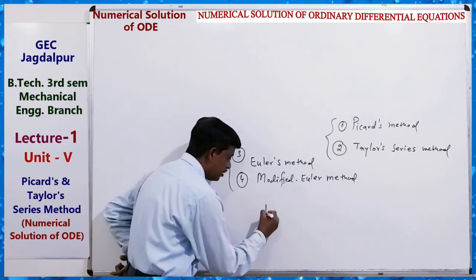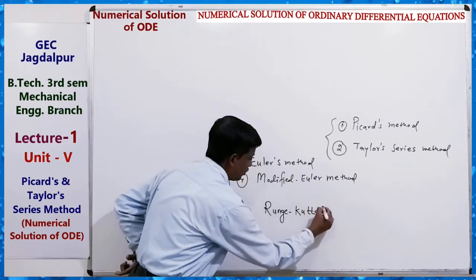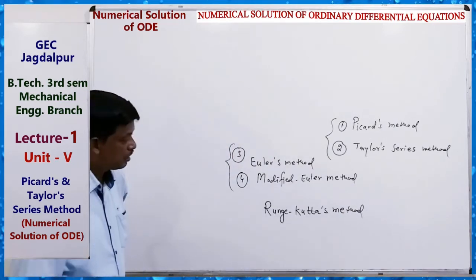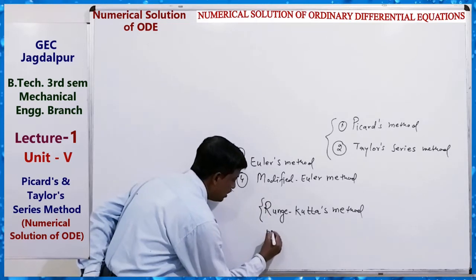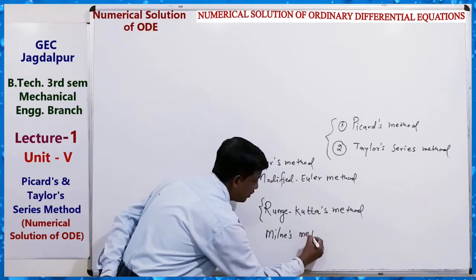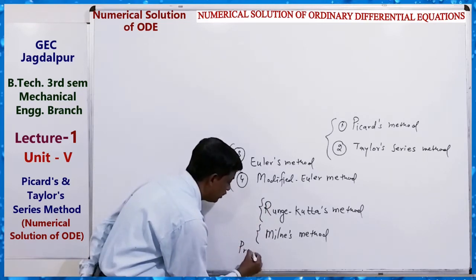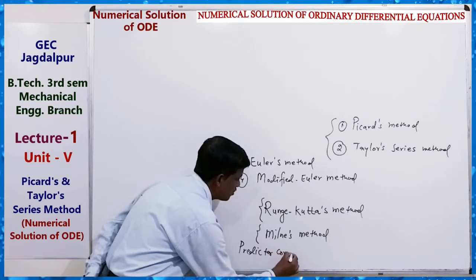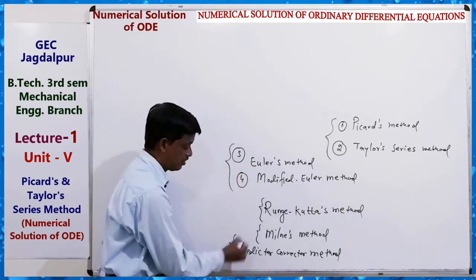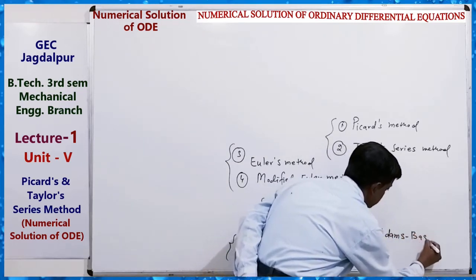And then Runge-Kutta methods, then Milne's predictor corrector method, and then Adams-Bashforth method.